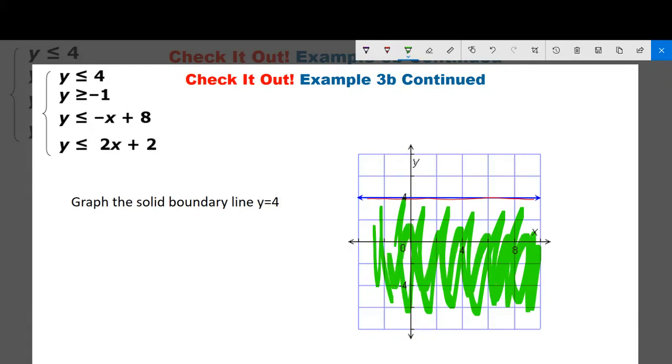All right. The next point says y is greater than negative 1. So here's our negative 1, and so y in this case is going to be there, and we can graph that one. For some reason I don't have any more.